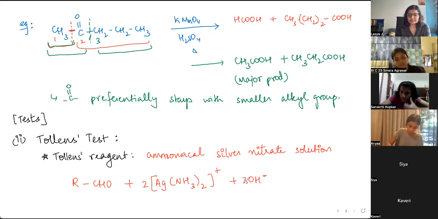So this is to balance it. The aldehyde gets oxidized into the carboxylate group, RCOO minus, and the silver itself is reduced into elemental silver. So you get 2Ag plus H2O plus NH3.